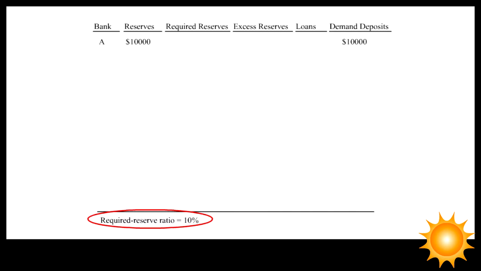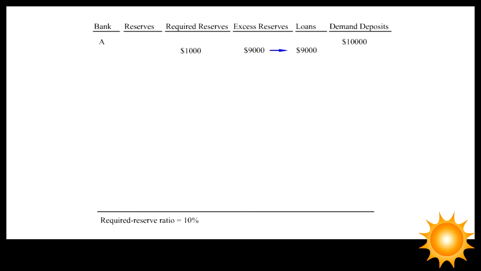But in a fractional reserve system, we don't need $10,000 reserves to back up $10,000 of demand deposits. Suppose the required reserves are only 10% of the demand deposits. The required reserves are only $1,000. The rest, $9,000, could be loaned out to earn interest.